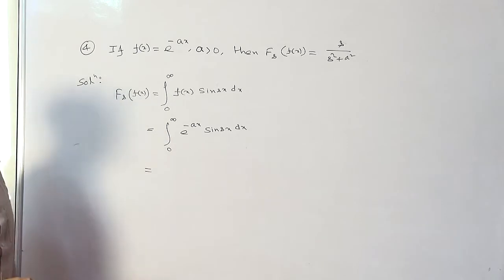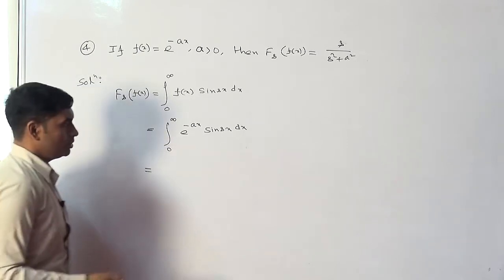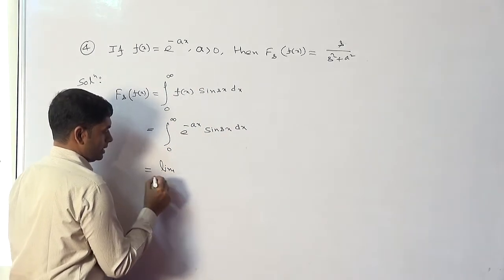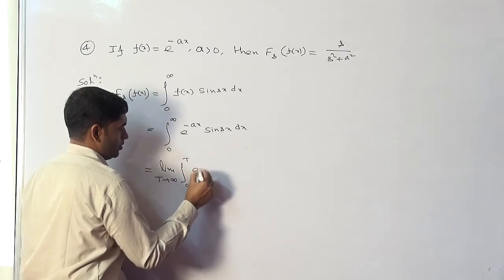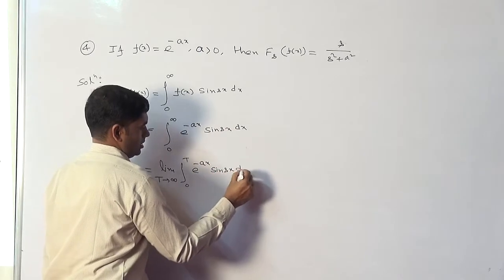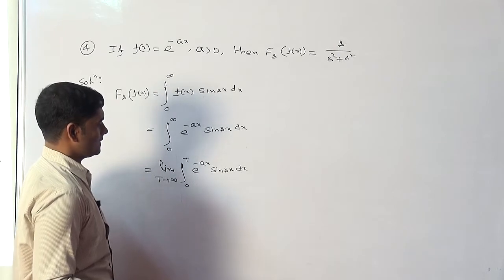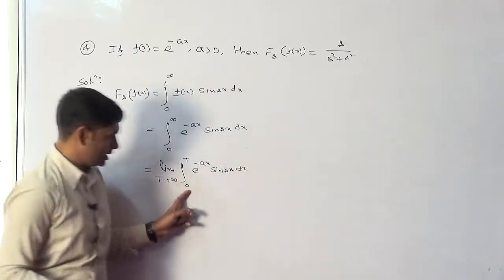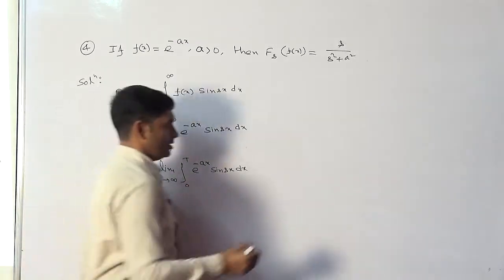Now this integration we need to find. Before that we also have to take the limit because it is an improper integral, 0 to t of e to the power minus ax sin(sx) dx.